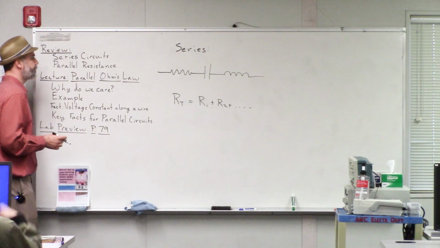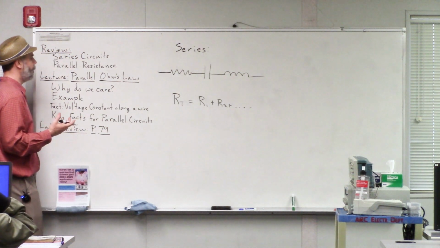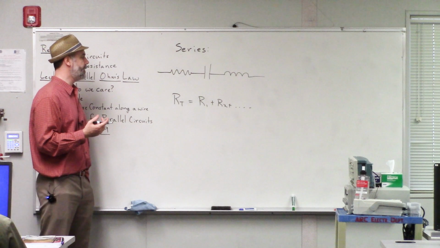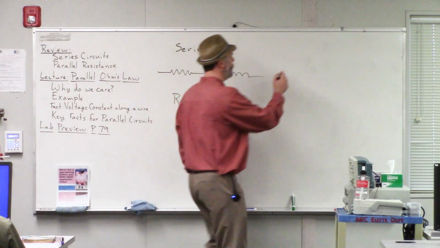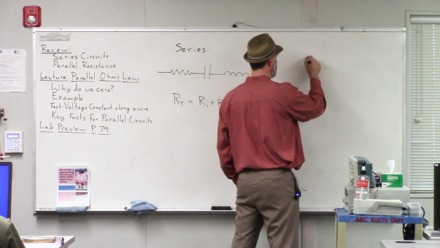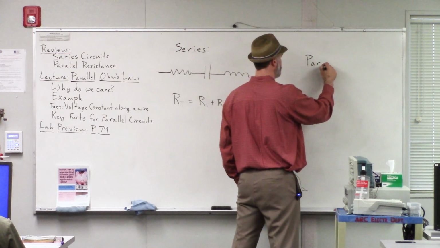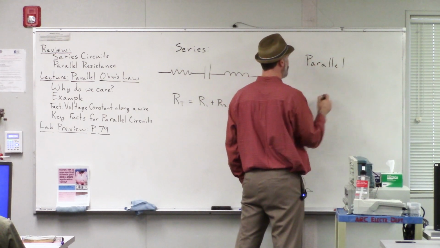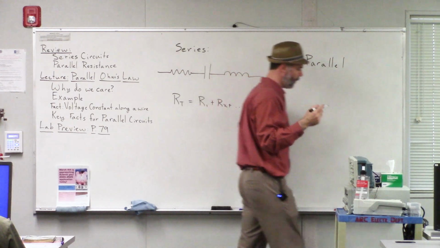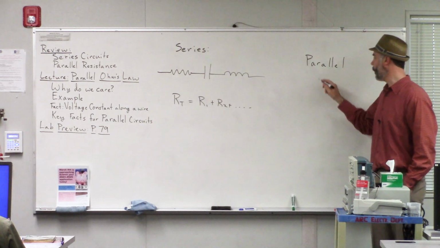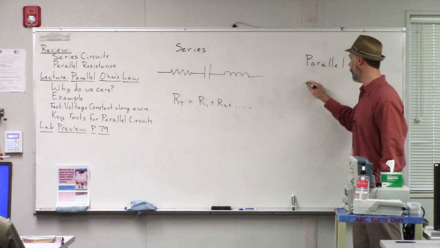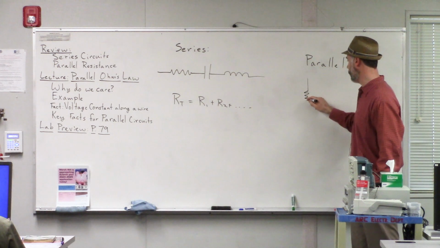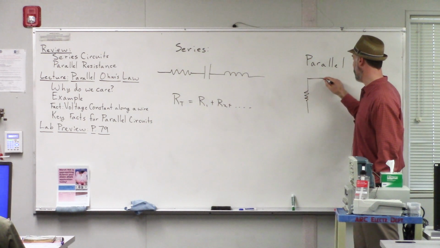And then with parallel, it worked a little bit different, right? We said that in parallel, components were arranged typically side by side. So it might be something like this.